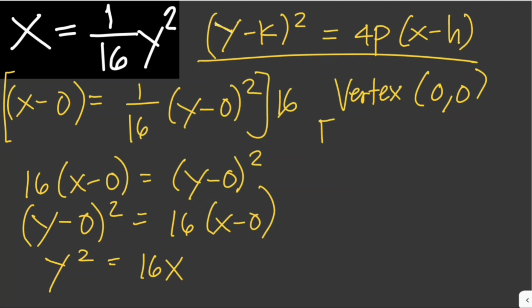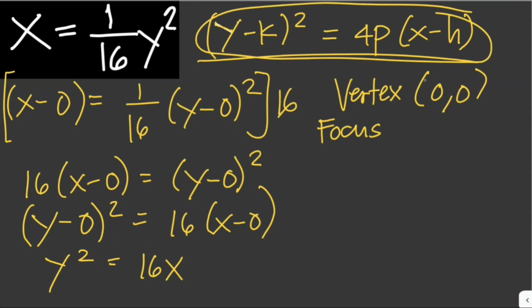And for the focus, since the equation of the parabola is in this form, the focus is just (h plus p, k). We already knew the values of h and k. So our focus would be 0 plus p, and then 0.